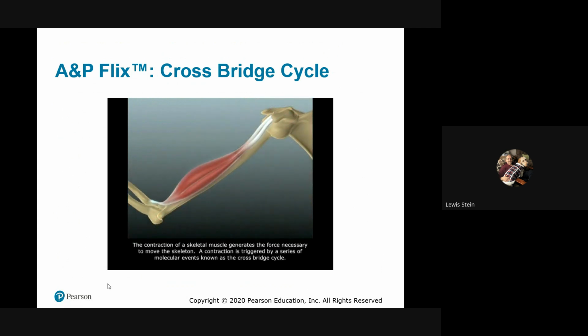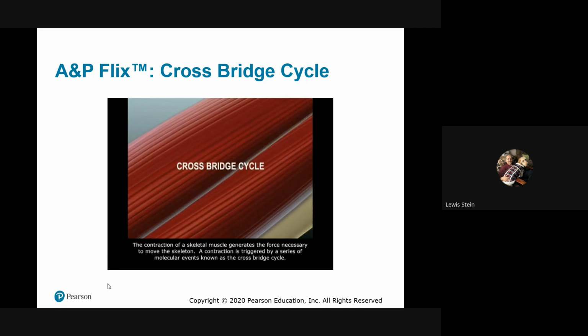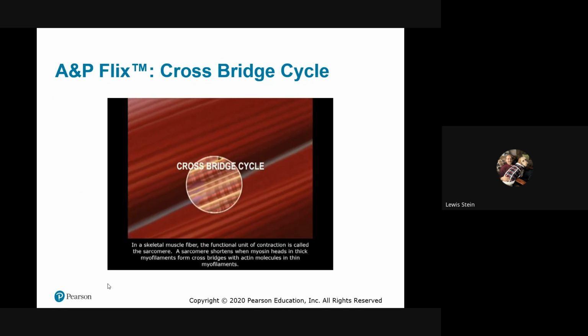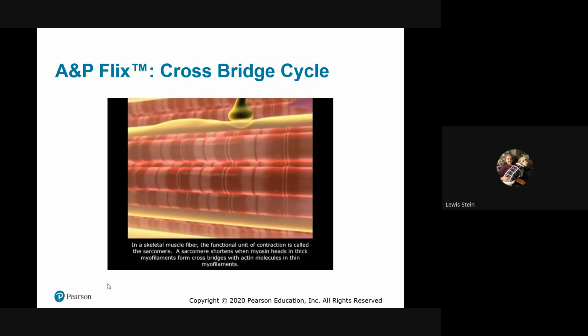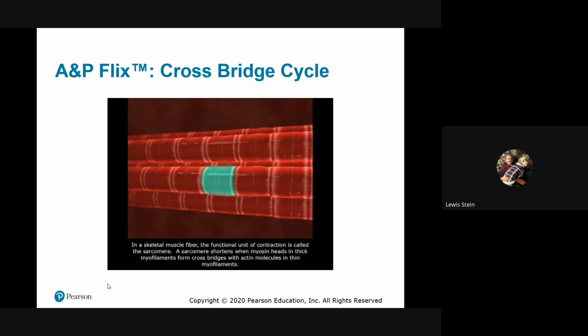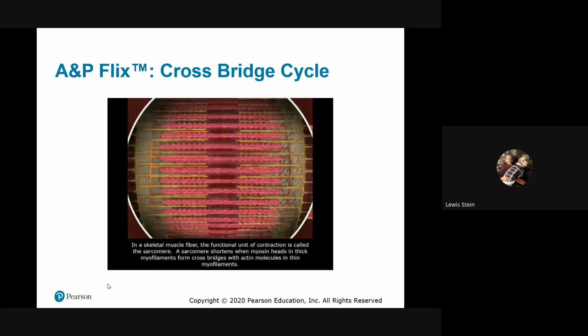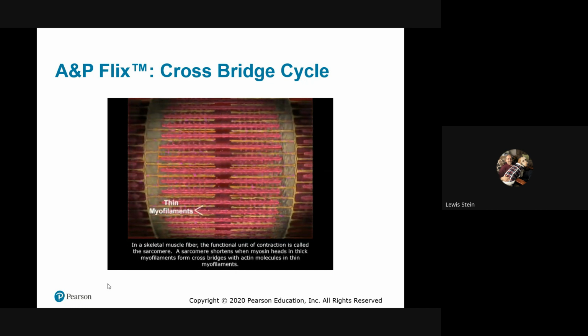The contraction of the skeletal muscle generates the force necessary to move the skeleton. A contraction is triggered by a series of molecular events known as the cross-bridge cycle. In a skeletal muscle fiber, the functional unit of contraction is called the sarcomere. A sarcomere shortens when myosin heads in thick myofilaments form cross bridges with actin molecules in thin myofilaments.